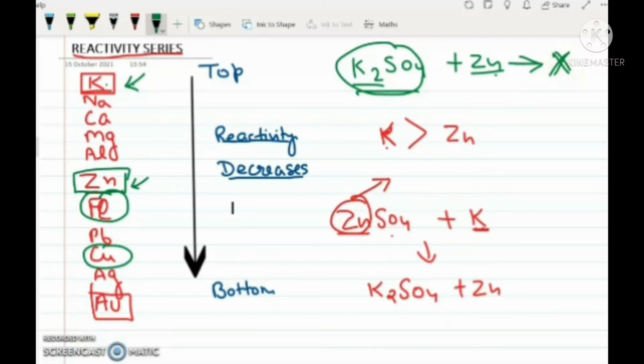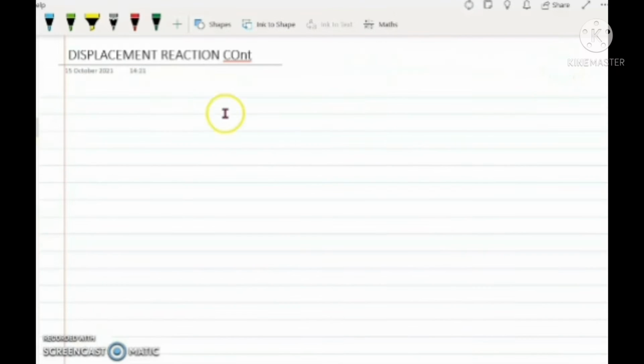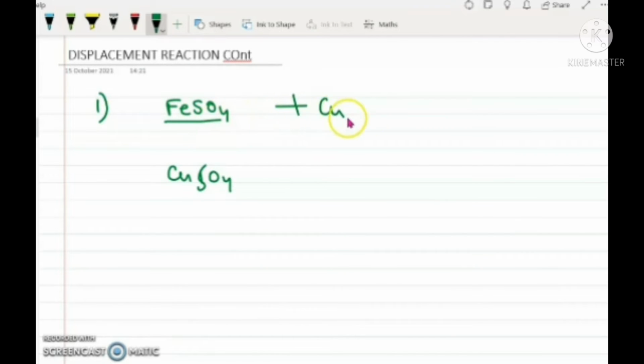Now let's do some more examples which are a part of your NCERT itself. If I have two salts, FeSO4 on one hand and copper sulfate on the other, the first reaction I'm asking you about is when FeSO4 reacts with copper, what kind of reaction will take place? Will the displacement happen or not?